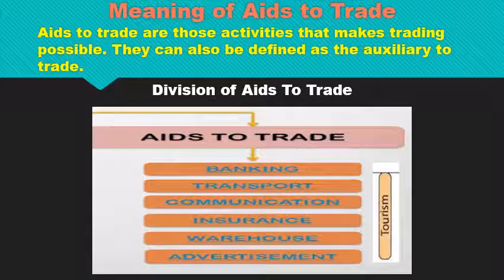When we are talking about insurance, it is also a very important aid to trade, and insurance can simply be said as a process of protecting against unforeseen circumstances.